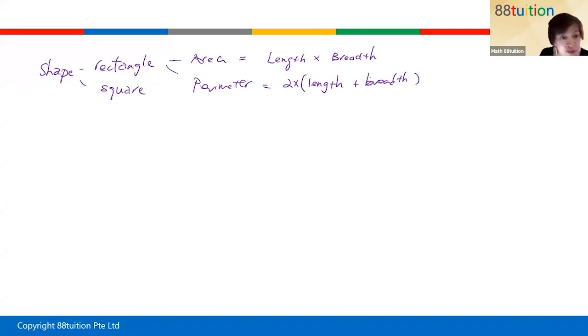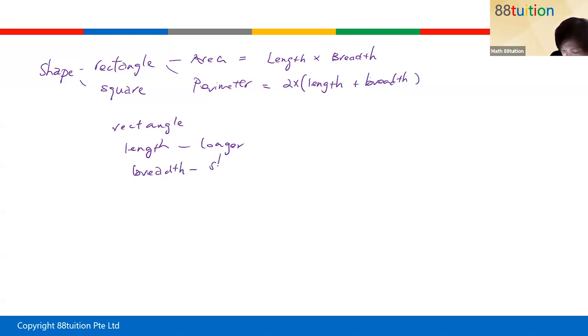Okay, so these are the few shapes that you all have to learn. And then we must know the properties also, properties of a rectangle. For a rectangle, you have a length, and the length must be a longer side than the breadth. The breadth is always the shorter side. Then we talk about square.